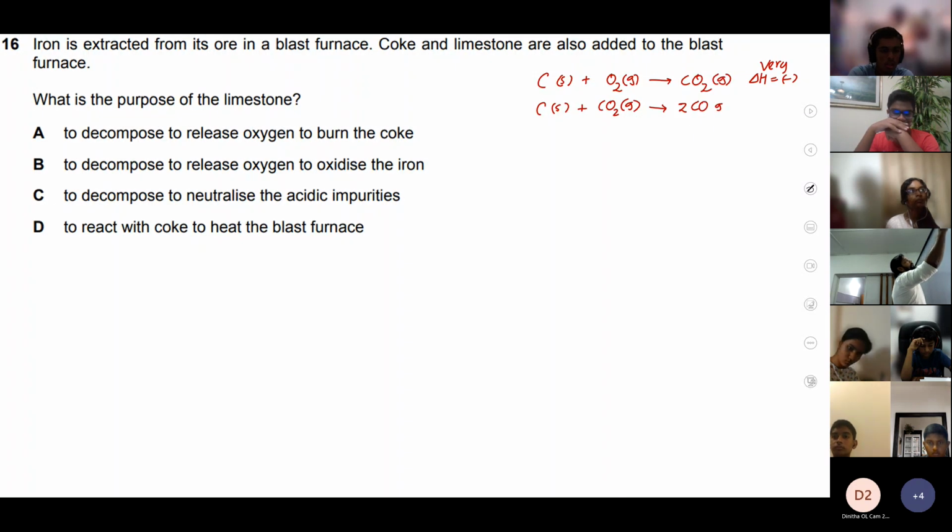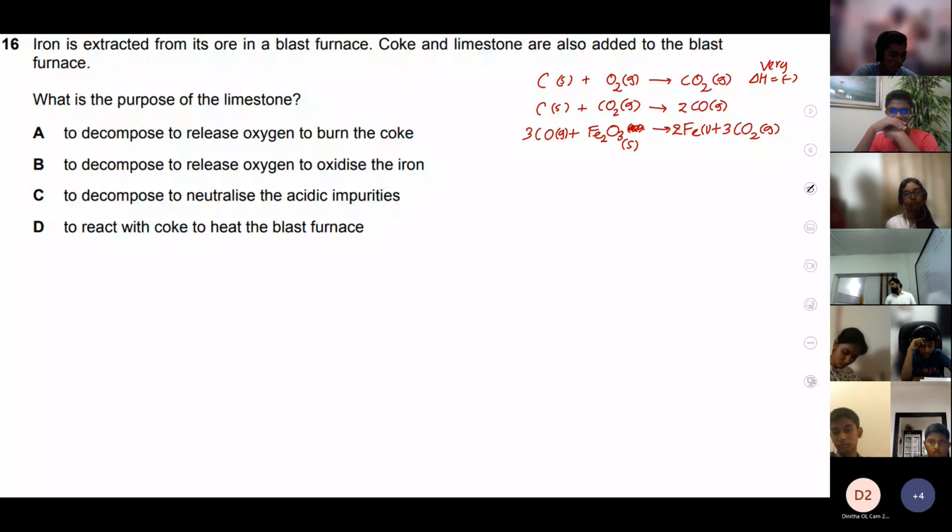Producing carbon monoxide is not very feasible, and that carbon monoxide is the one going to reduce iron(III) oxide. The physical states are not necessary, because you get liquid iron, and carbon dioxide gas. So these are the three main reactions, the compulsory reactions, and then optional reactions.